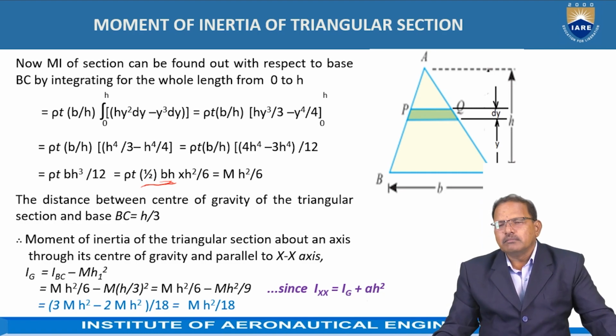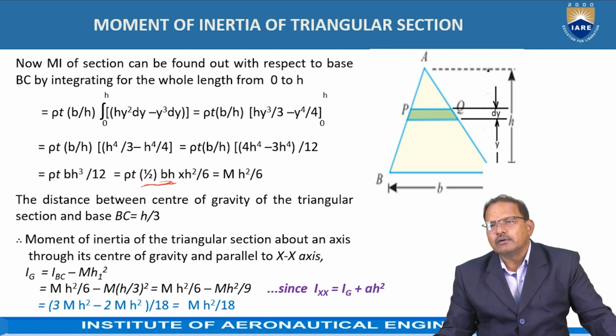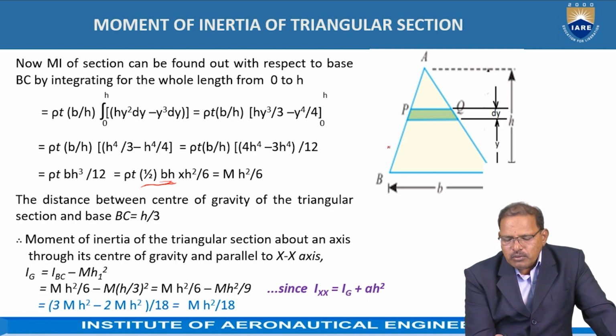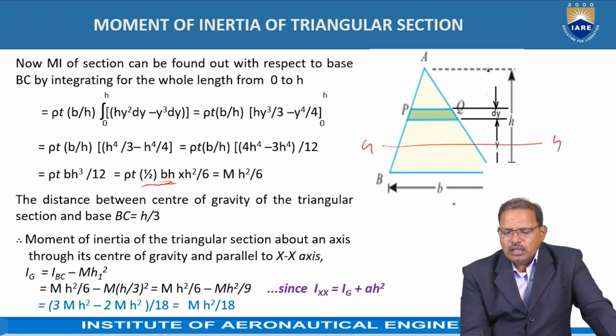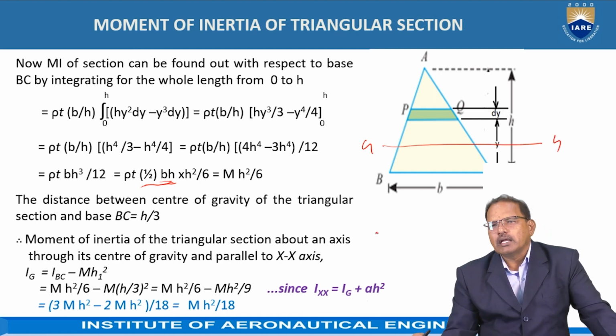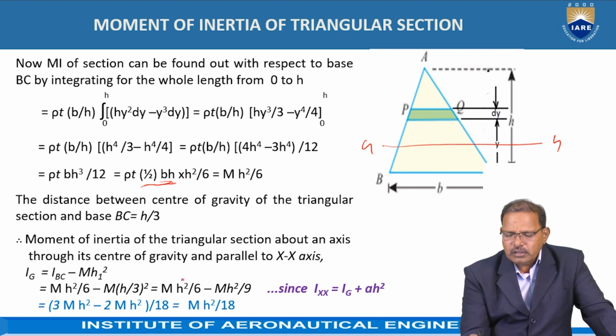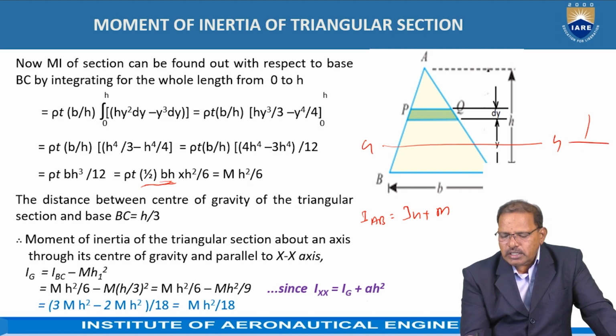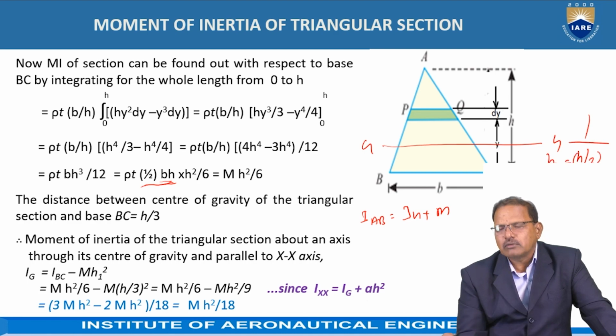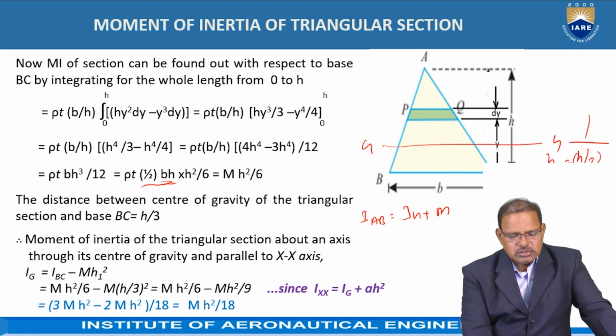In order to get the mass moment of inertia of the triangular section about the central axis, this is known as the central axis. Here, by using the parallel axis theorem, according to the parallel axis theorem, I_AB is equal to Ig plus mass into the square of the distance between them. The position of the centroid is always at a distance of h by 3. Imagine this is equal to h1.